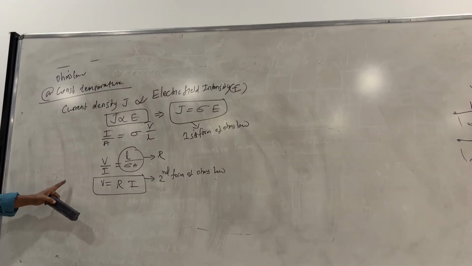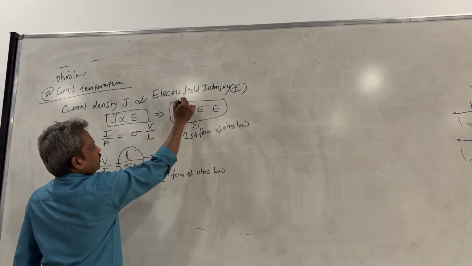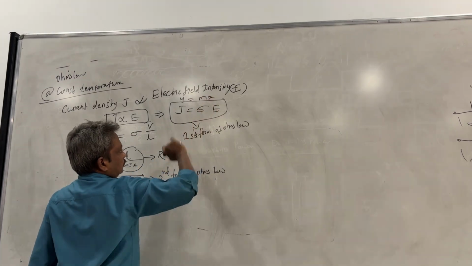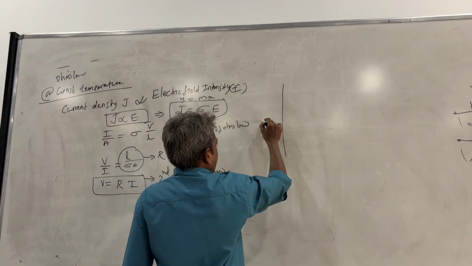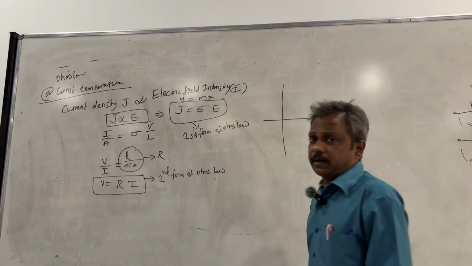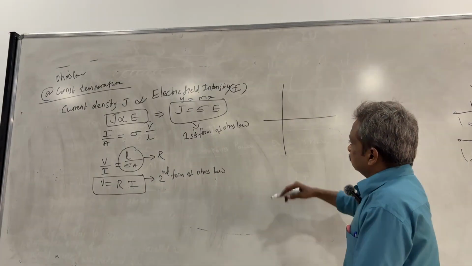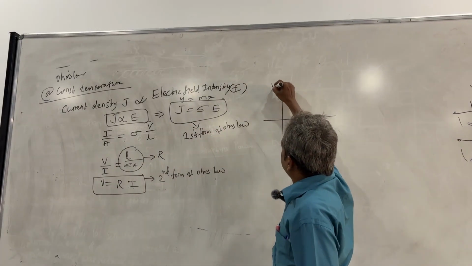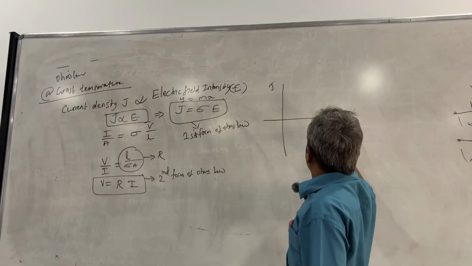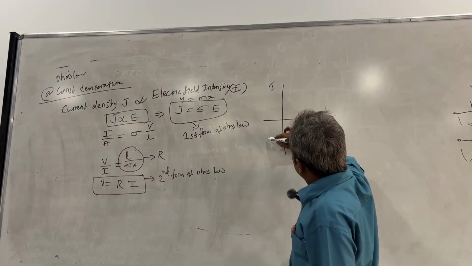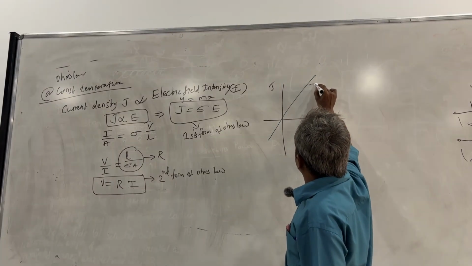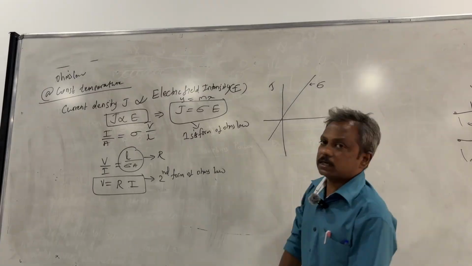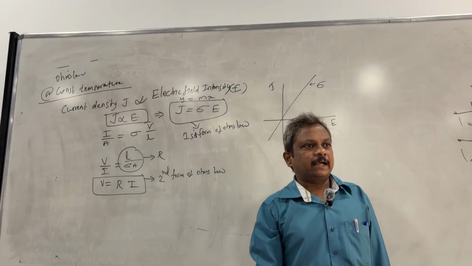Actually we are going to use this formula. Now if you are drawing a graph, it resembles y equal to mx, or not? Y equal to mx means a straight line passing through origin. So in y axis you have J, in x axis you have E, and sigma is a constant, a straight line passing through origin.